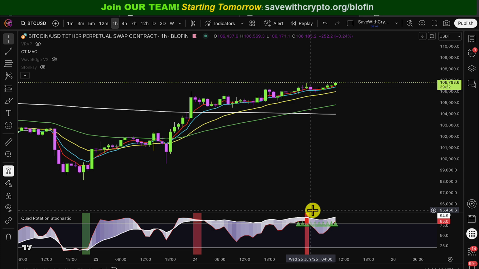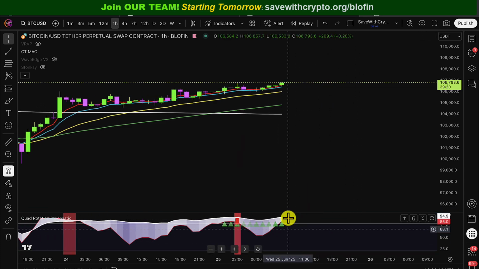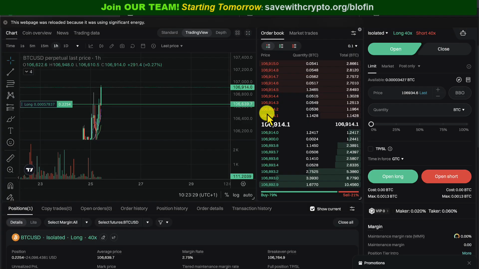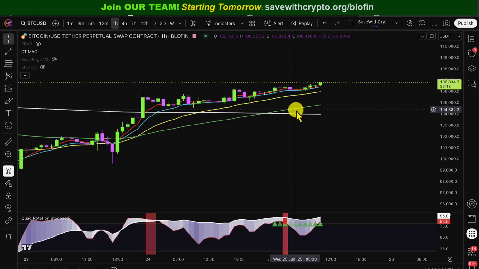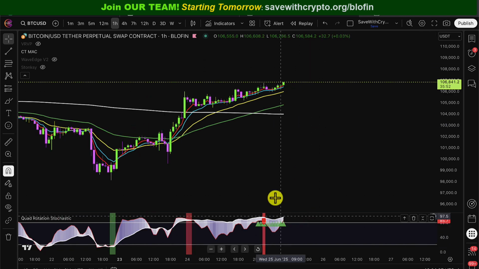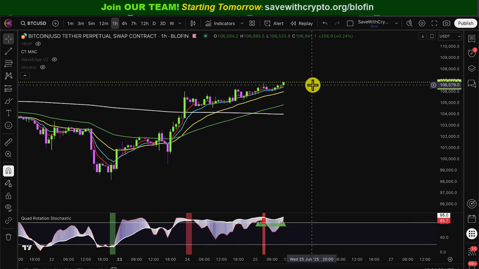Now this will all change when we stop seeing these green triangles. I am actually in a very, very small long position here, which I'm waiting to reverse at any moment now. I'm not expecting a massive reversal, to be honest, purely because we've got this discrepancy between the two indicators. But we might pull back a few $100 and then go off again.